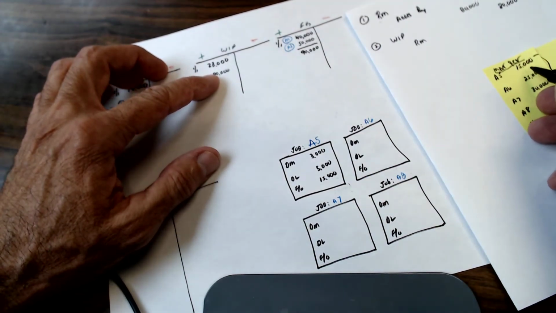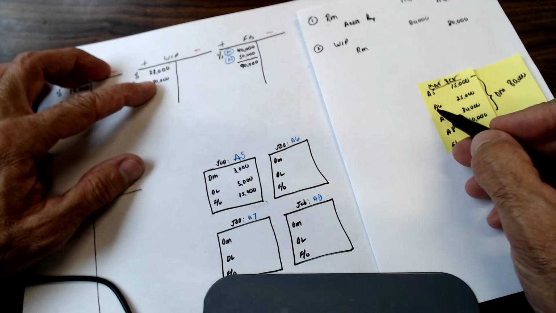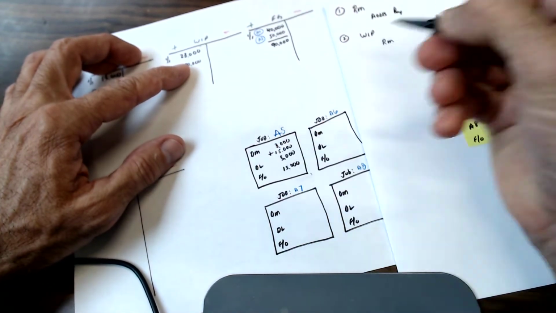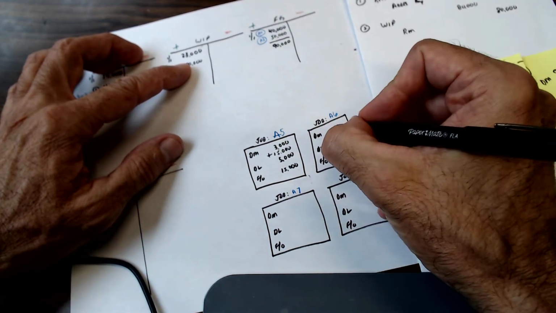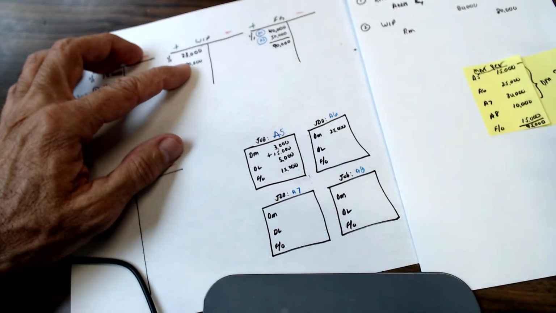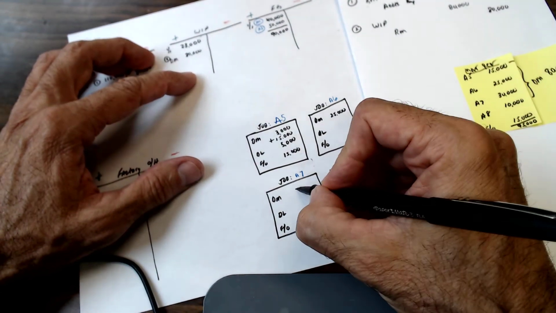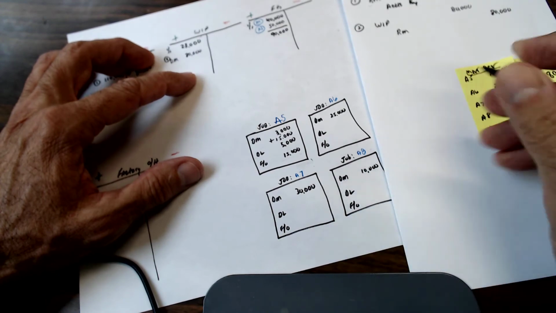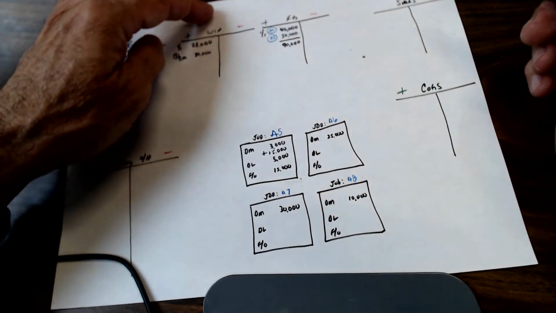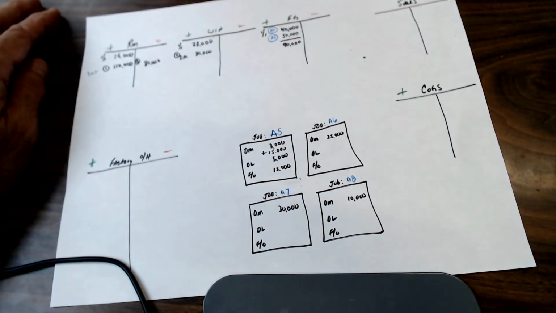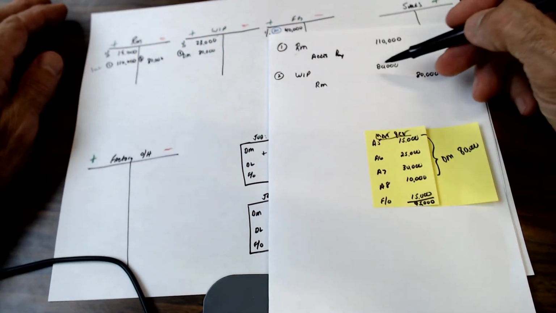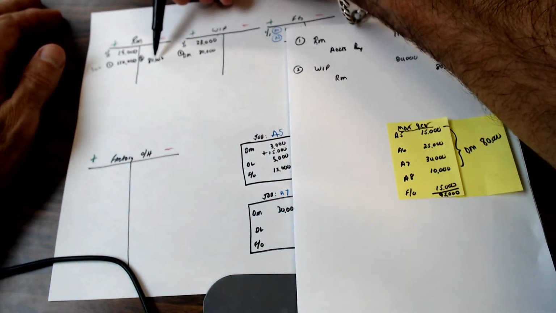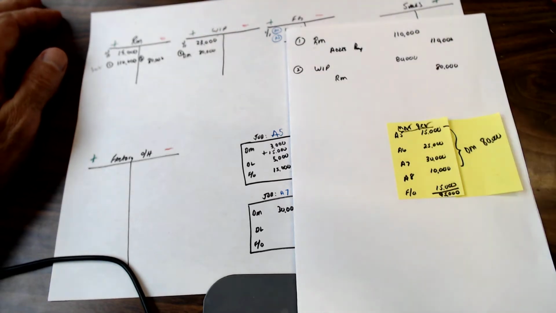Well, 15,000 went to A5, so let me add that here, 15. 25,000 went to A6. 30,000 went to A7, and 10,000 went to A8. So I've added 80,000 to the work in process, and I added 80,000 to the detail. That's the journal entry to record the requisitioning of raw materials as direct materials, directly to jobs.